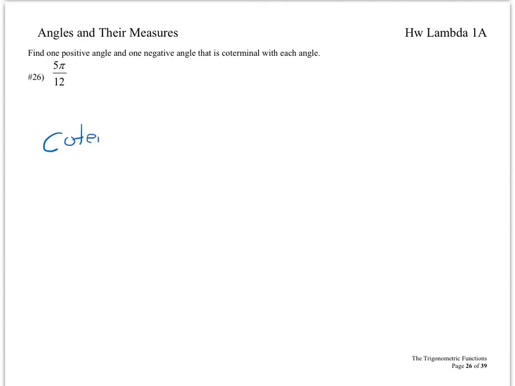Supposed to find some coterminal angles. Coterminal angles are complete revolutions apart. Using radians, a complete revolution is 2 pi. 2 pi written with the same denominator as this 12 would be 24 pi over 12.